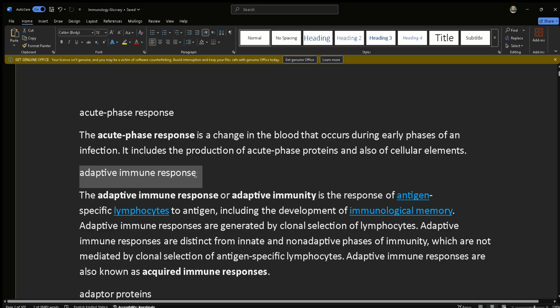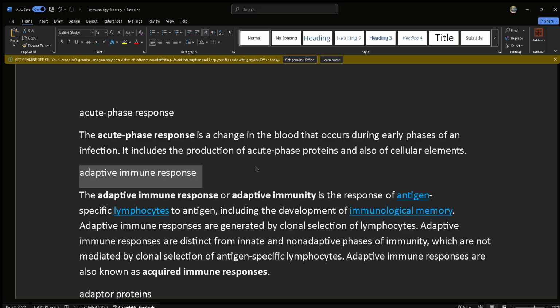Adaptive immune response. The adaptive immune response, or acquired immunity, or adaptive immunity, is the response of antigen-specific lymphocytes to antigen, including the development of immunological memory. Adaptive immune responses are generated by clonal selection of lymphocytes, and are distinct from the innate and non-adaptive phases of immunity, which are not mediated by clonal selection of antigen-specific lymphocytes.